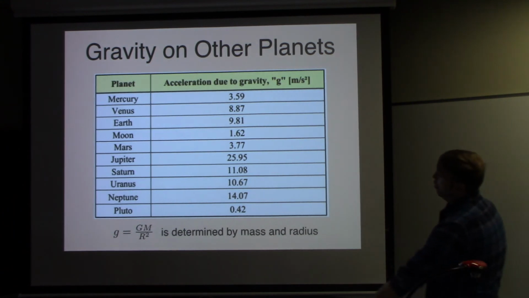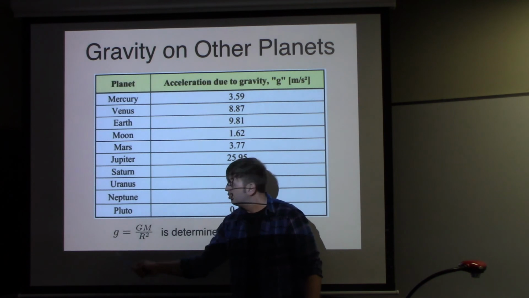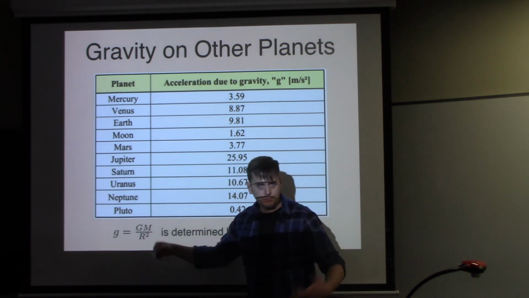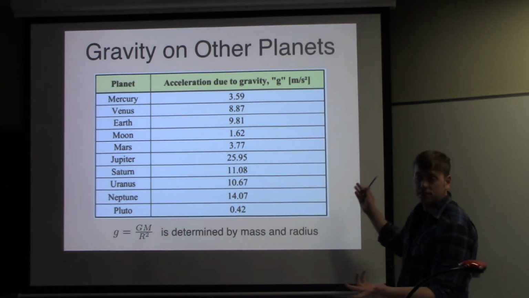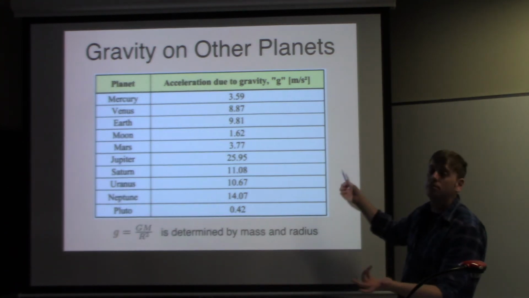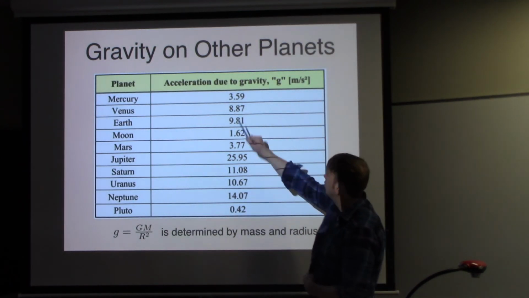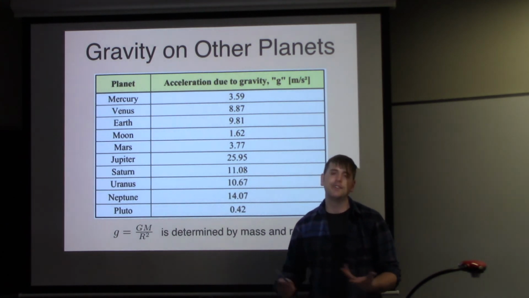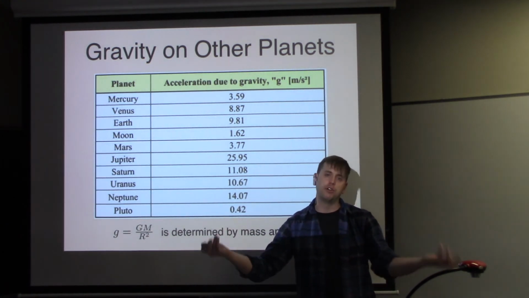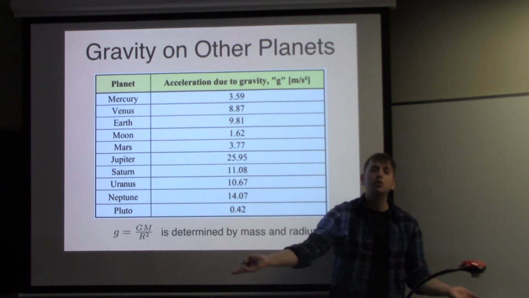So now that we know that we can generally calculate the free fall acceleration due to gravity on any object, any planet or moon, you can make this calculation for, let's say, Mercury. And you'll find that the value of lowercase g is only 3.59 meters per second squared. So basically, if I'm standing on the surface of the planet Mercury and I drop something, well, it's going to fall down a lot more slowly than on Earth.